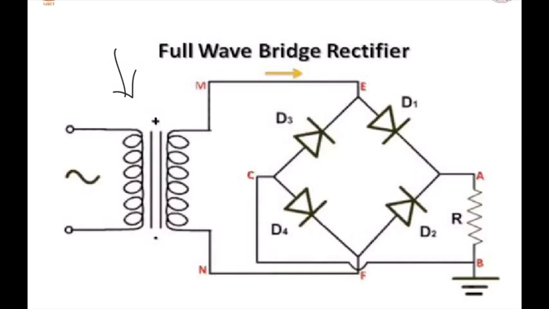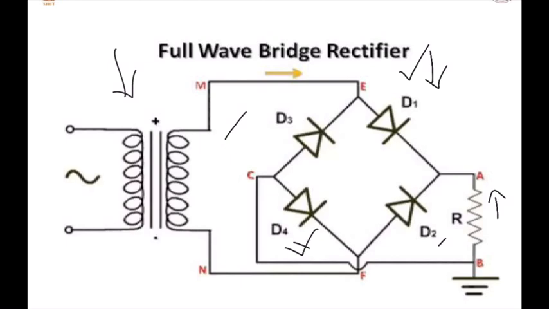During the positive half cycle, the thing to remember is that D1 and D4 will be in the same direction, D3 and D2 will be in the same direction. The output is taken across the load resistor. During the positive half cycle, diodes D1 and D4 will conduct.